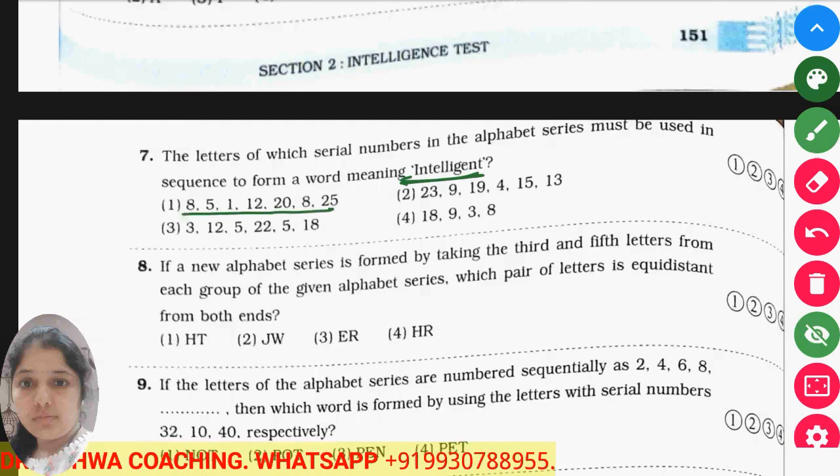So you can write the letters which are at these positions in the given number and check which word means intelligent. Okay, so this is also for your homework. You just have to put the letters instead of these numbers and form the word.